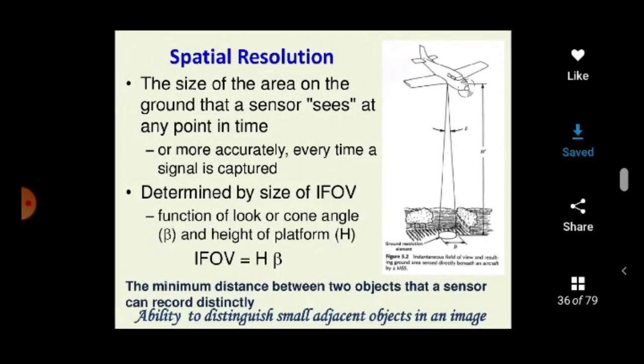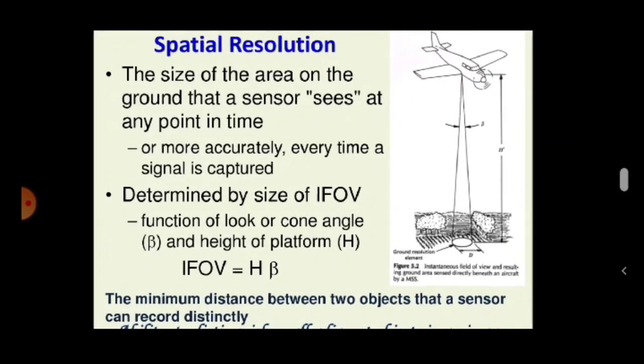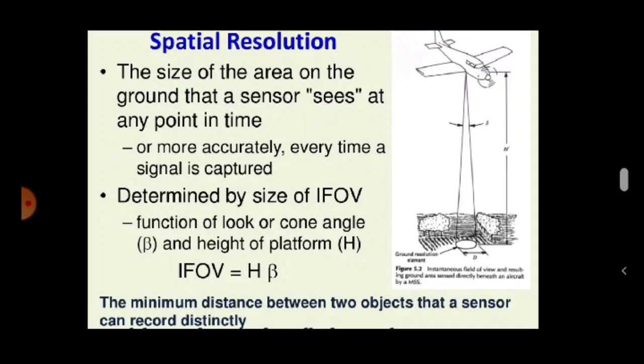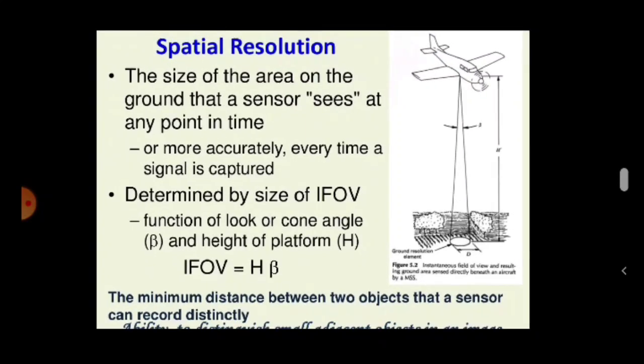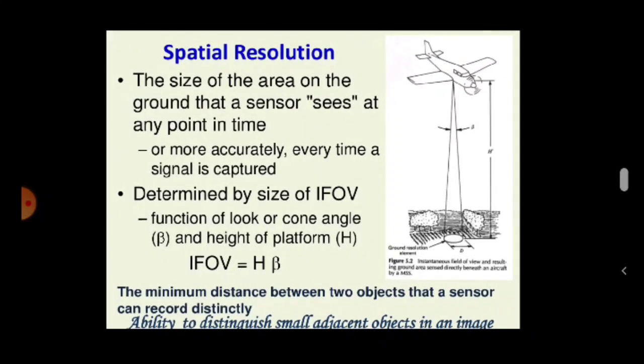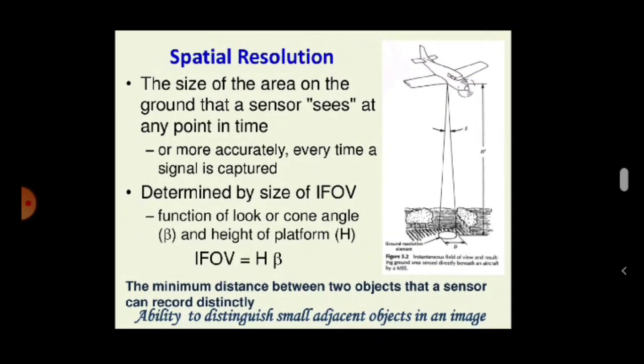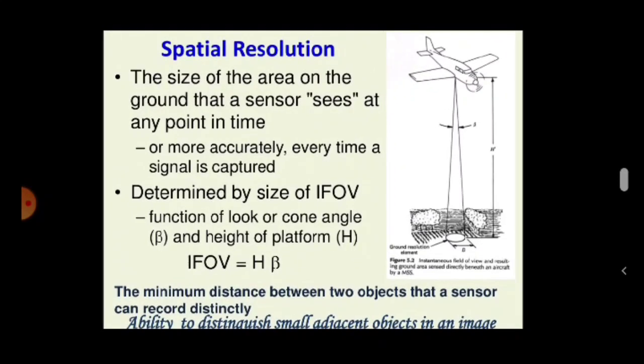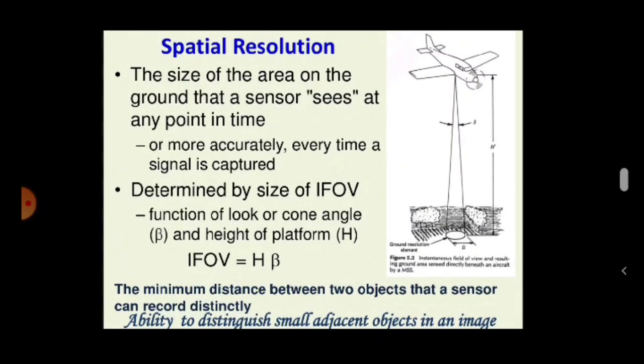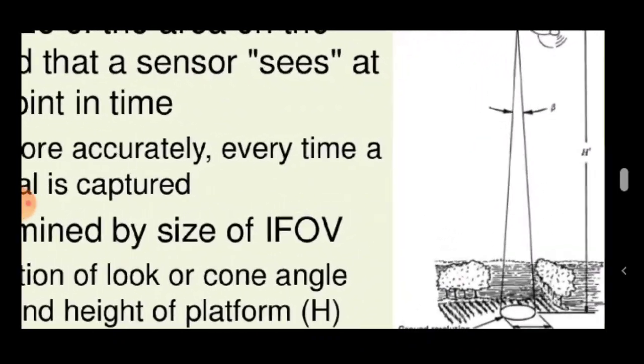The size of the area on the ground that the sensor sees at any point in time is called spatial resolution, or more accurately, it is determined each time a single signal is captured, with the help of the IFOV. The IFOV is the cone angle multiplied by the height of the platform, called h here.